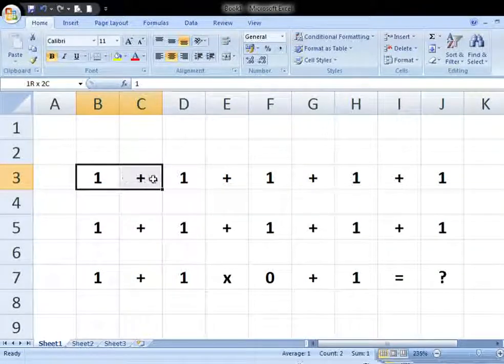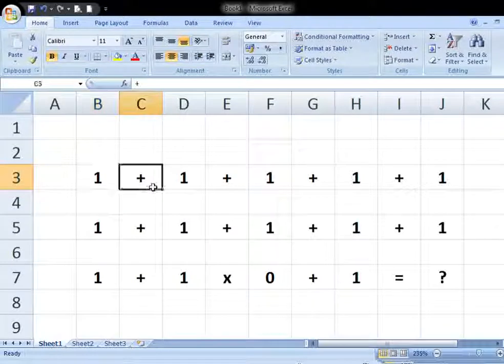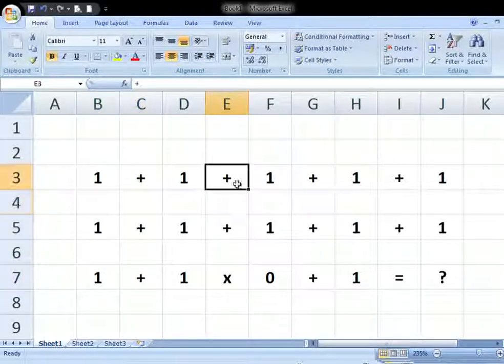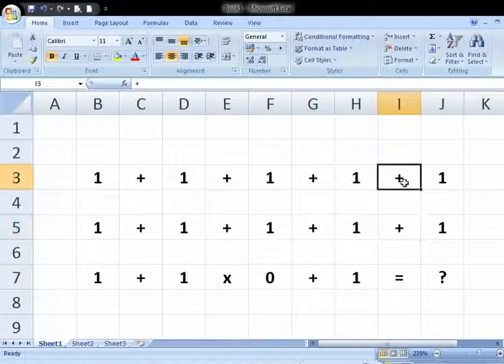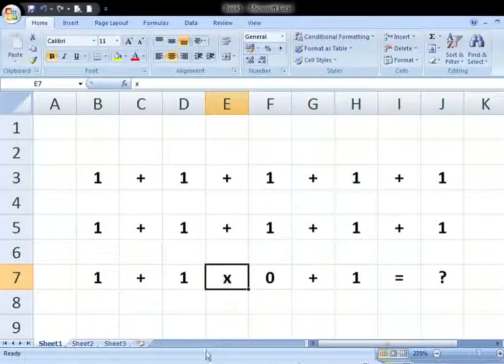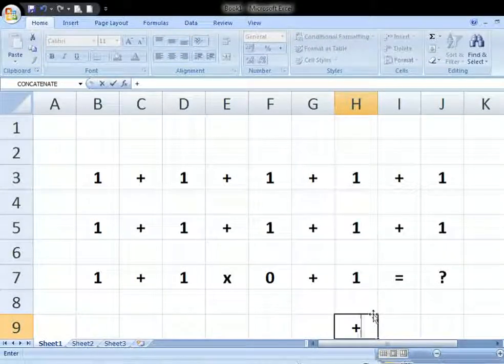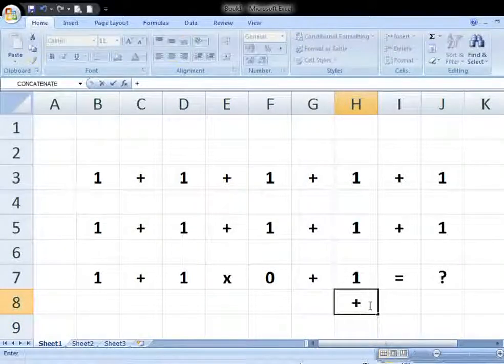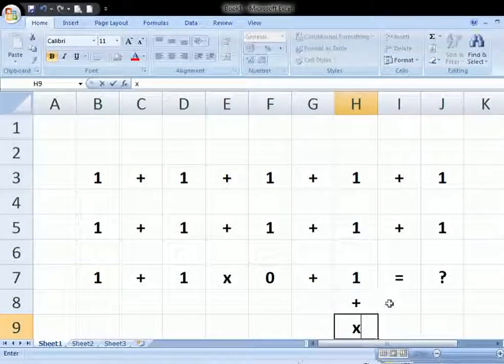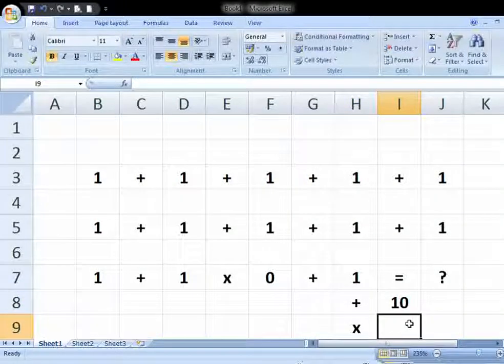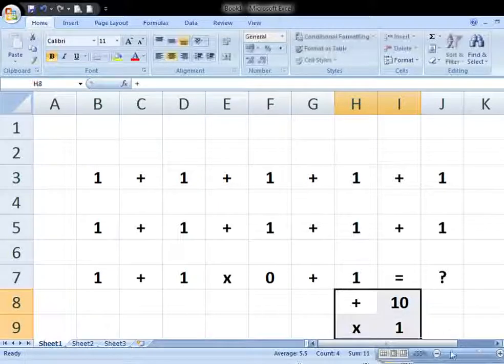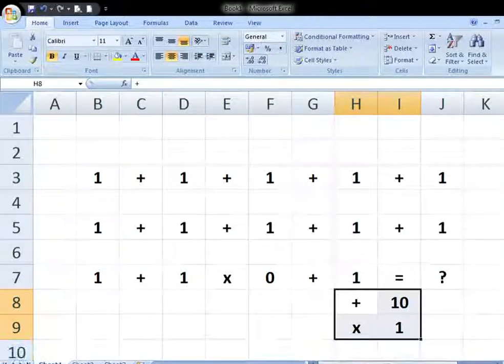First of all, we have 1 2 3 4 5 6 7 8 9 and 10 plus signs and one multiplication sign. I'm just going to keep this for a record, nothing else.